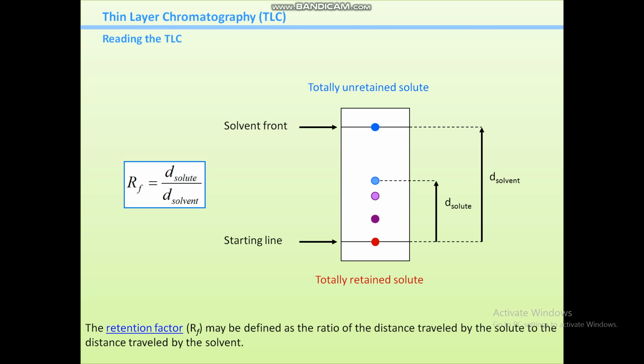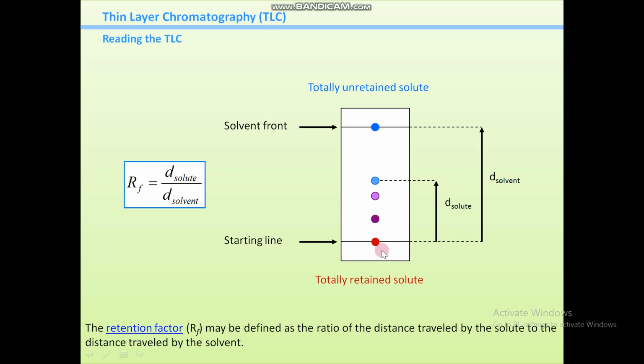So how do we read the TLC? This is the TLC plate. The silica or alumina gel is coated on a glass strip. Here a small spot of a solution containing the sample is applied on the plate about 1 centimeter from the base.